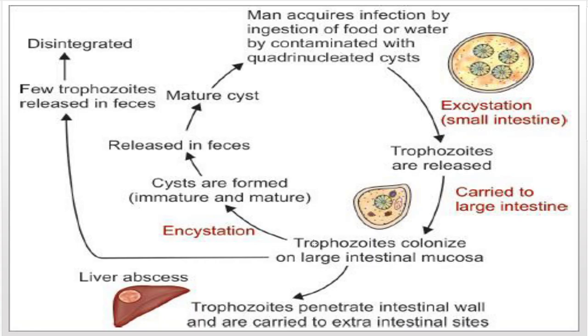Then encystation happens. Here the cysts are formed, that is immature and mature cysts. These are released in feces, and only mature cysts pass, and again the infection goes on. In this way the life cycle goes on. Now we will see this in the later part.